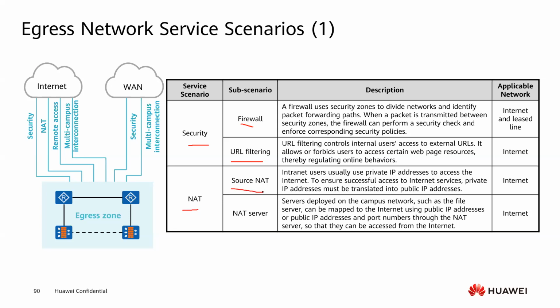For the subnet, a private IP address is translated to a public IP address to connect to the internet. Also for the NAT server, for a server inside our campus network, we need to advertise a global IP address to the internet. Whenever an internet user wants to connect to the server, the address is translated to the private IP address to connect to the server. So this is the function of the NAT server.